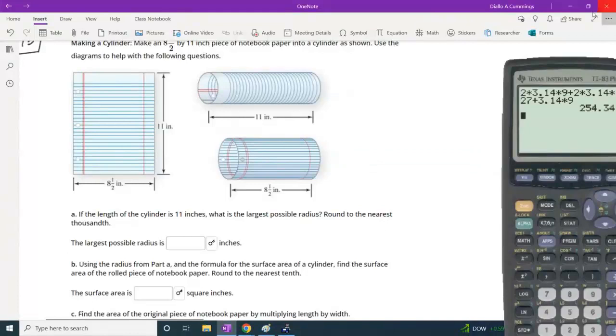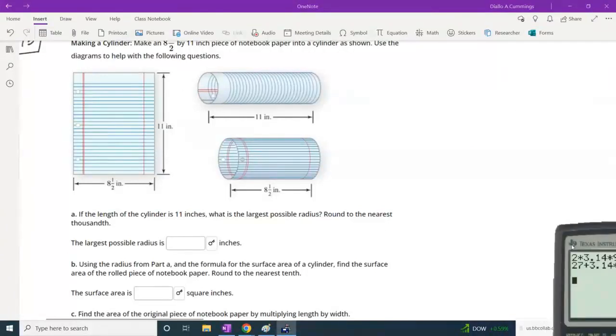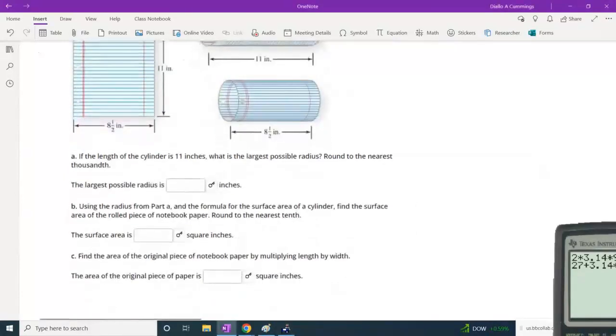So it says find the largest possible radius. So I'm going to set up a little bit of algebra. The circumference for a circle is equal to 2 times pi times r, right? And we know that the circumference should equal 8.5, because if my length is 8.5, when I fold it into a circle, that still should be 8.5, which is the circumference.